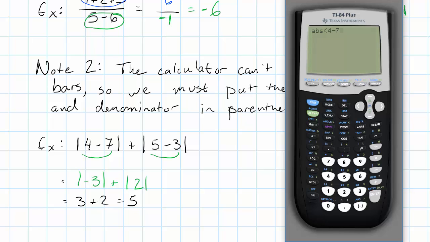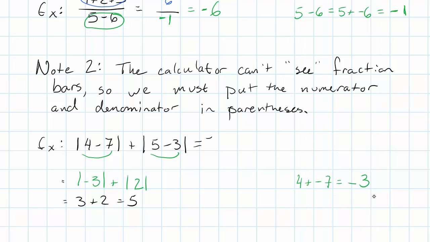Just close the parenthesis to close the absolute value. And so 4 minus 7 is inside one absolute value, 5 minus 3 inside the other. Hit enter, and we get positive 5.